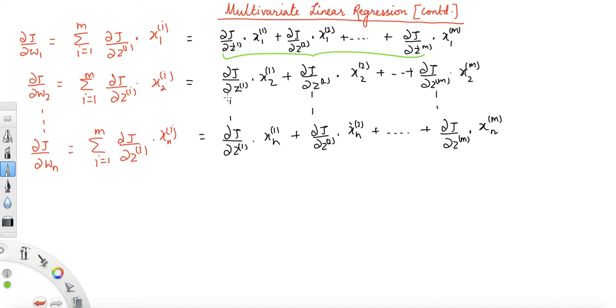If we define a row vector del z over del z1, del z over del z2, up to del z over del zm, because all those row vectors appear in del z over del w2, del z over del wn also.